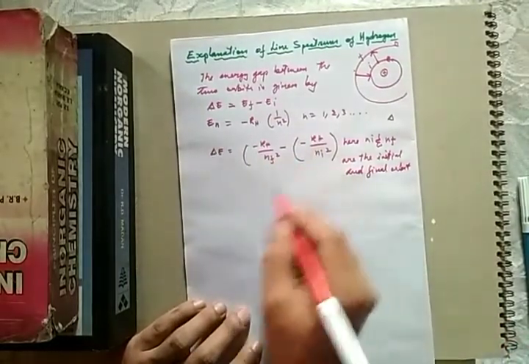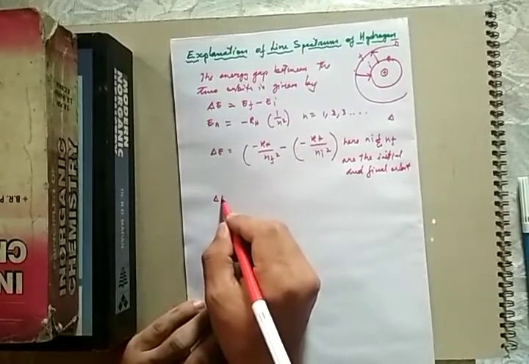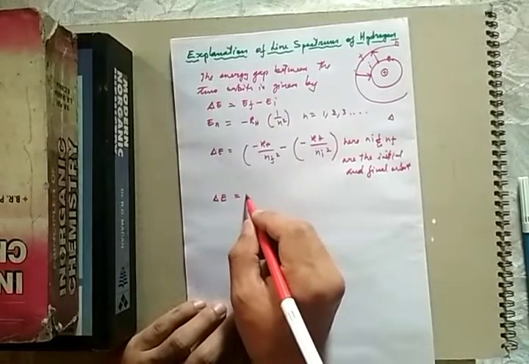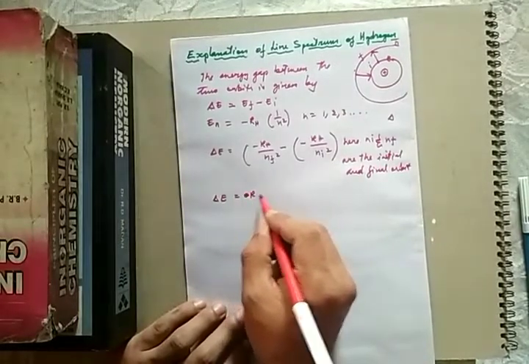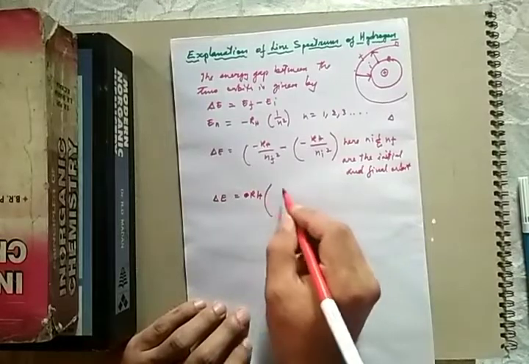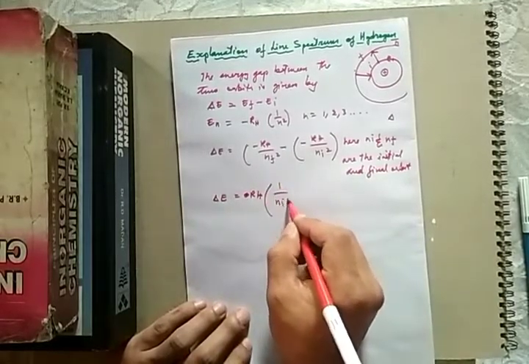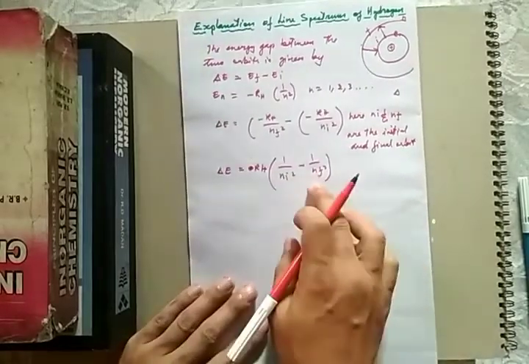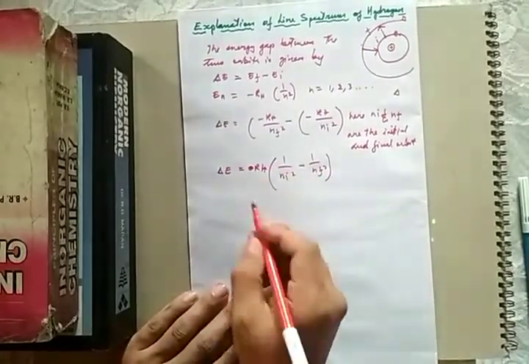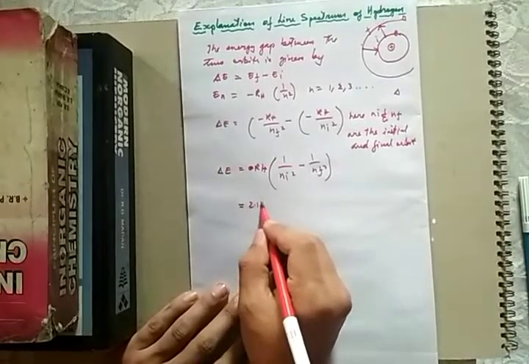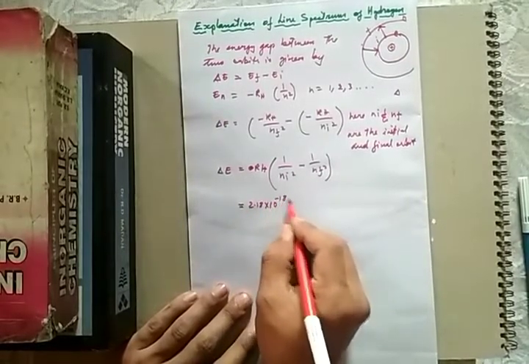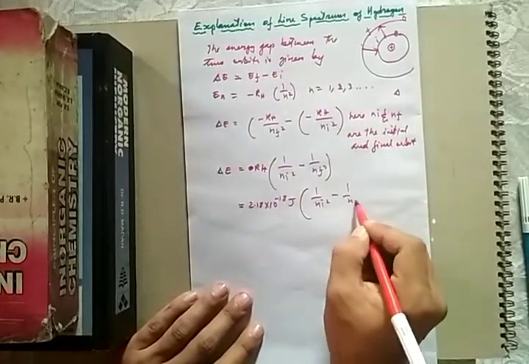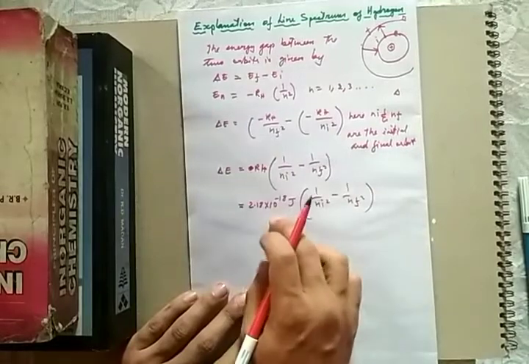Further simplifying these equations, taking RH as common, we know the value of RH, 2.18 into 10 to the power minus 18 joule, times 1 by ni square minus 1 by nf square.